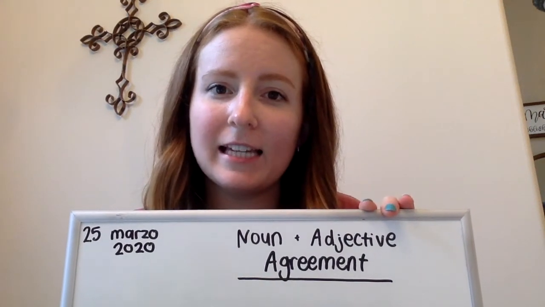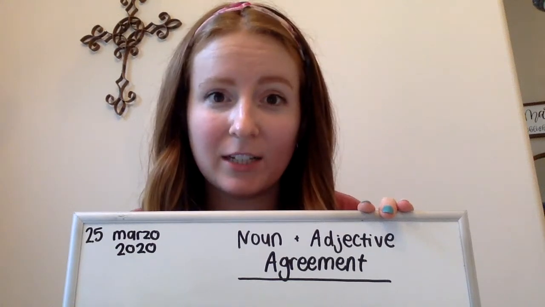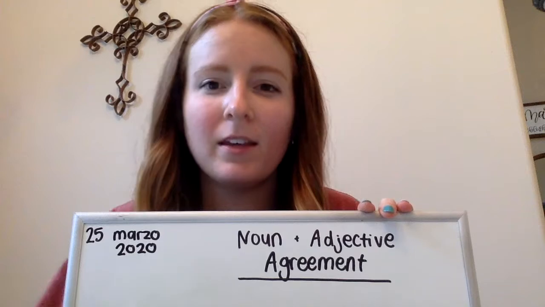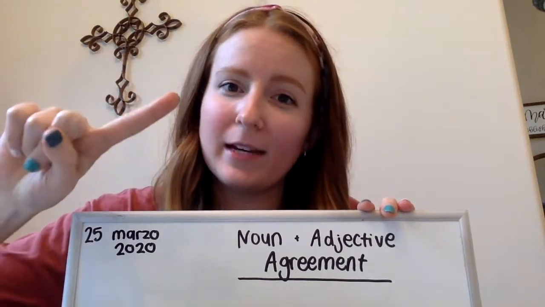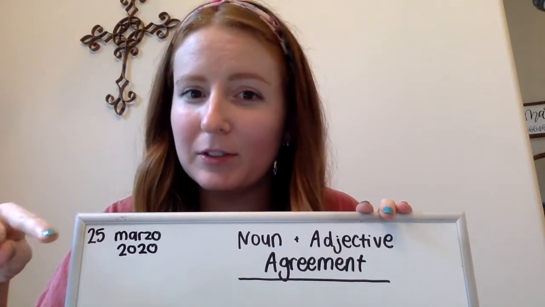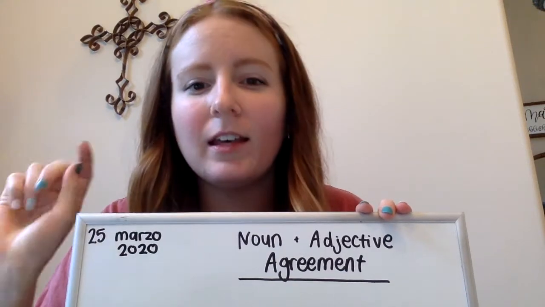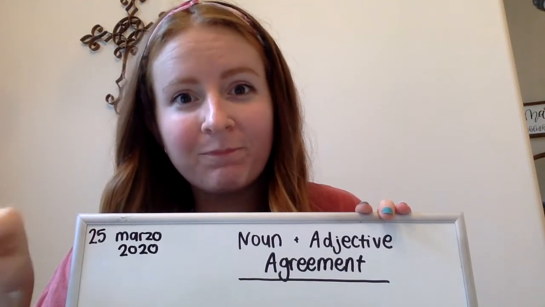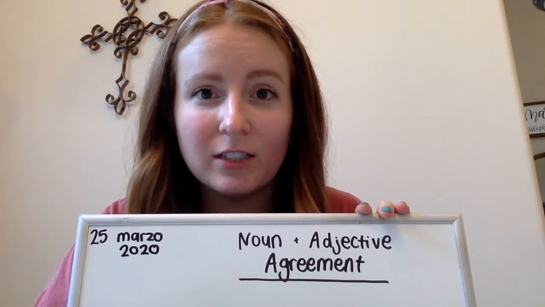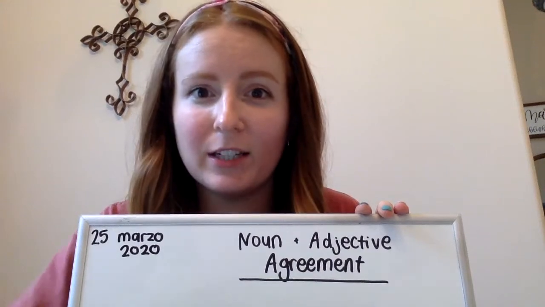The second thing is the title of this section of notes is that nouns and adjectives are supposed to agree with each other in two ways. The first way is in number. So is it singular or is it plural? If the noun is plural, everything has to be plural. And the second way is gender. Is the noun masculine or feminine? And then all the adjectives that describe that noun must also be masculine or feminine.